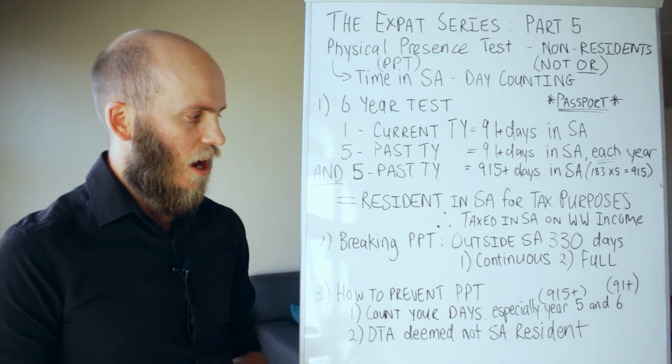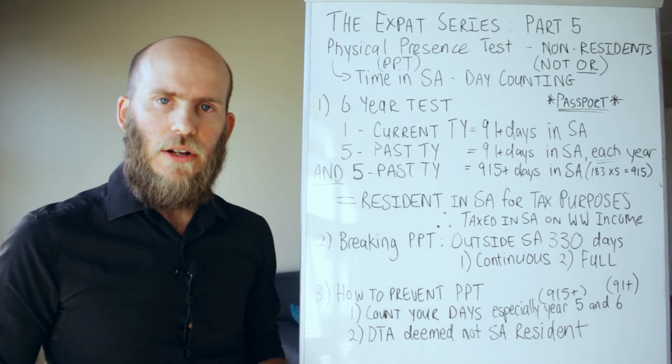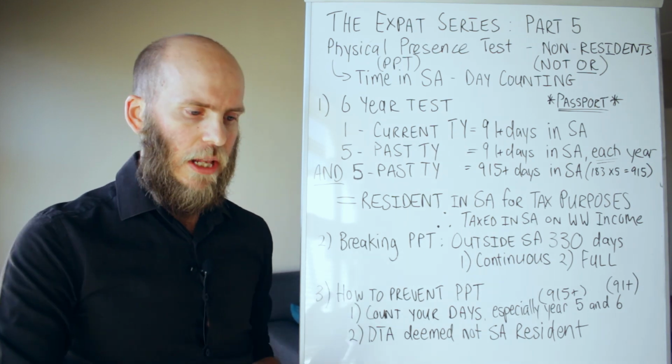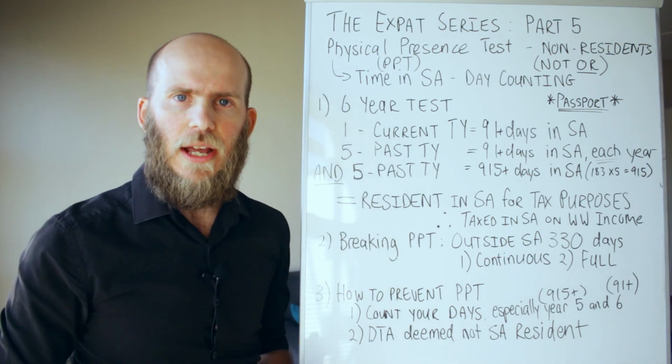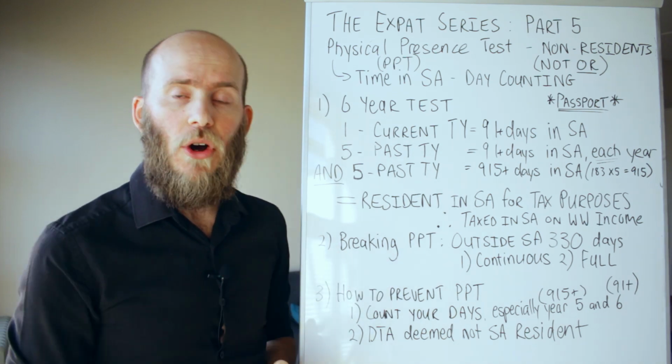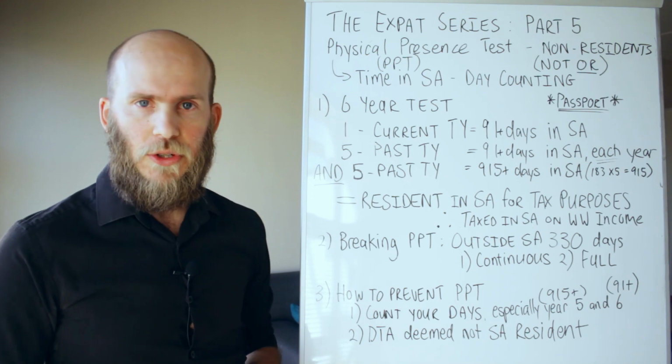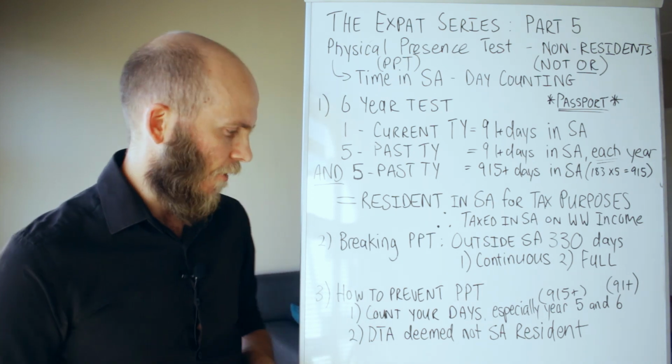So that's number 1, count your days. Literally, I know some clients, they will actually do an Excel spreadsheet and physically mark the entry day and the departure day, and that's how they would track their days inside South Africa.